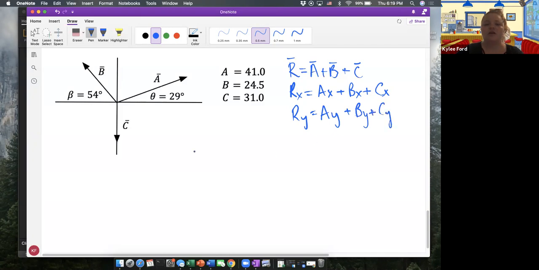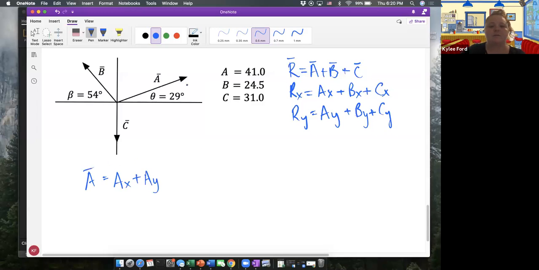Okay, so we want to start analyzing our picture here, and we have the given magnitudes of each of these vectors. It might be a little bit disproportionate, but that's okay. We want to break down A first, so we have A equals AX plus AY.